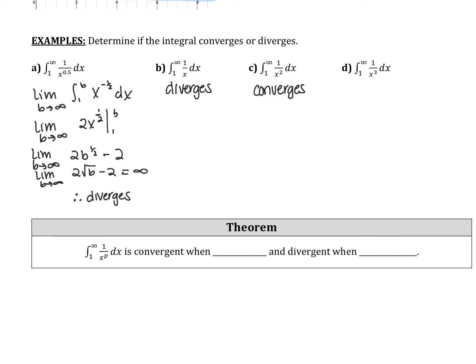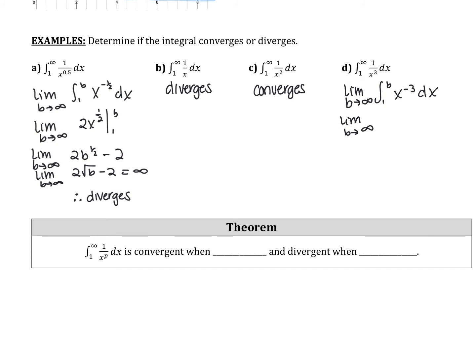What about this fourth one? What did you get? So we've got the limit as b approaches infinity of the integral from 1 to b of 1 over x cubed dx. I'm going to rewrite that as x to the negative 3. Now I am going to integrate, so we would get the limit as b approaches infinity.